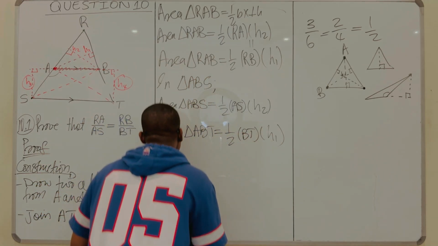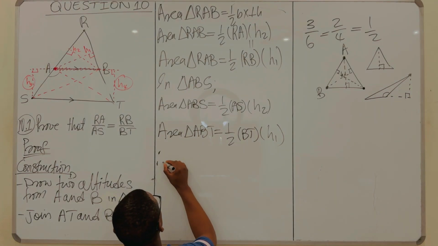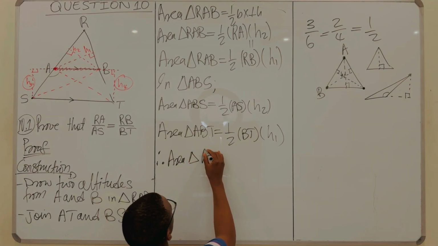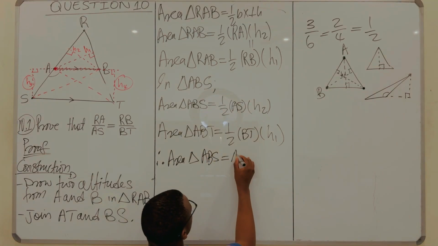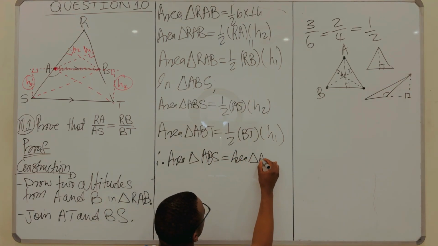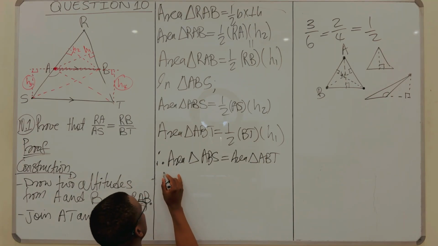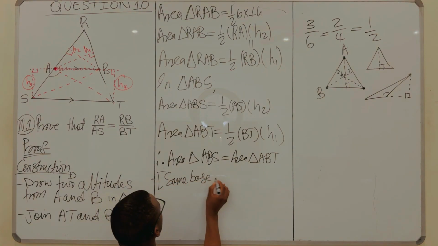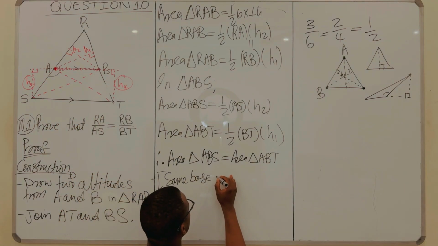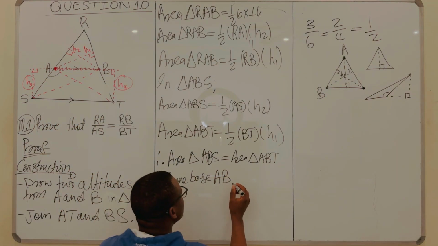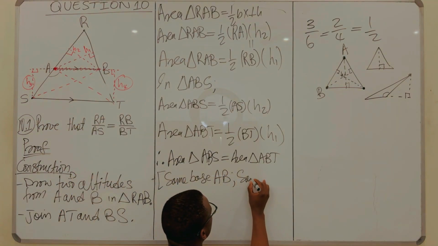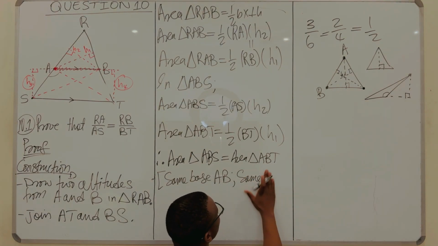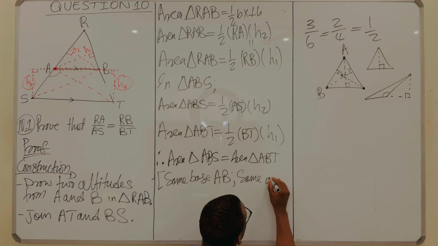So what I'm going to say here is, therefore, the area of triangle ABS is equal to the area of triangle ABT. Why? Because these triangles have the same base. What is your base here? Your same base is AB. Right? And also the same perpendicular height between them, or same altitude.